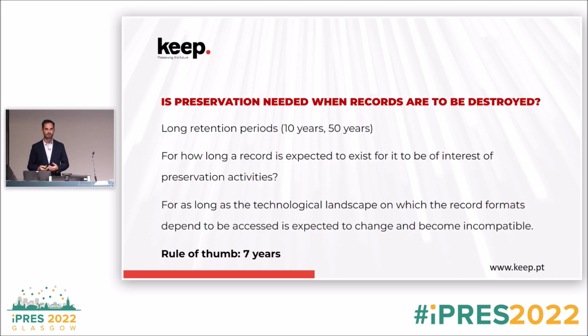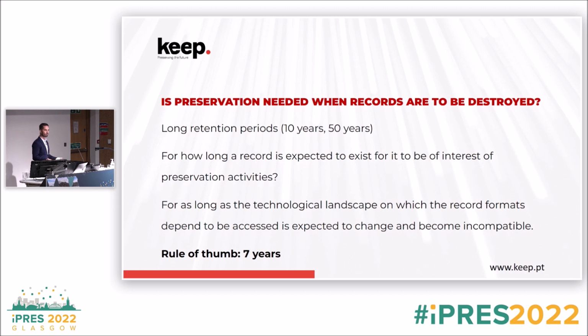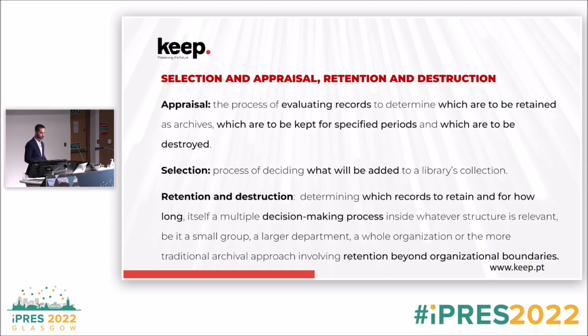But this is a case-by-case analysis. The Portuguese National Archive defines a rule of thumb of 7 years. If a record should exist for more than 7 years, then you should worry, or you should define a preservation plan for it, which many times includes transferring it to a digital preservation system.